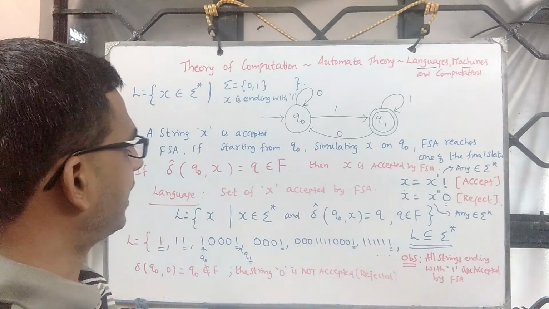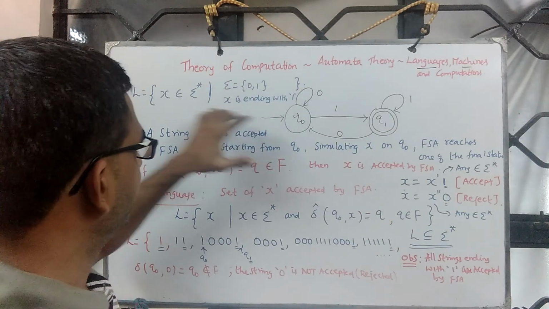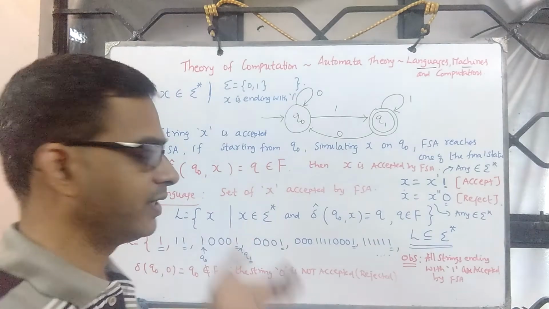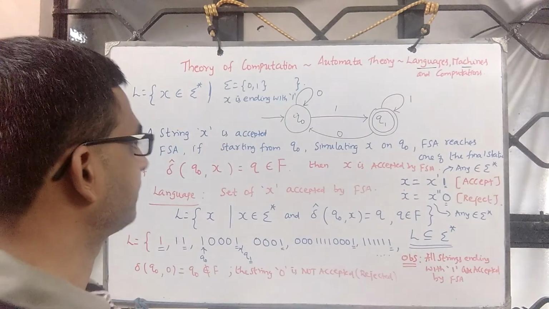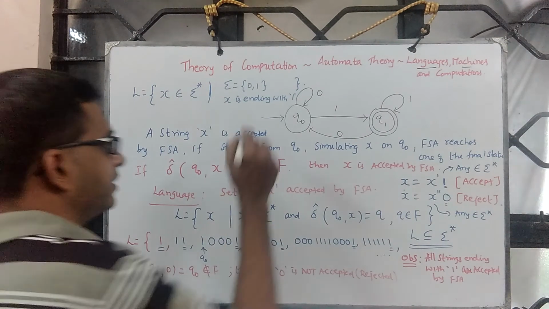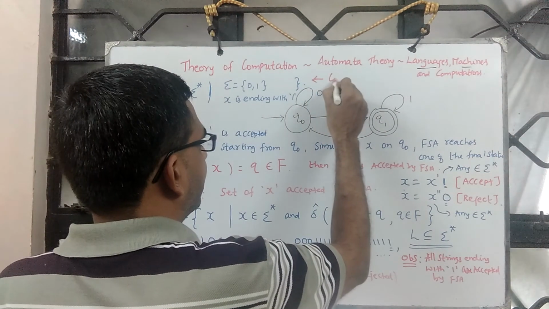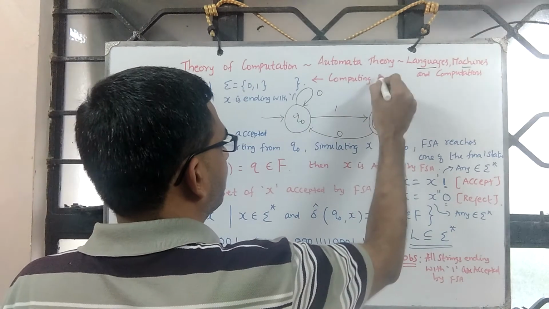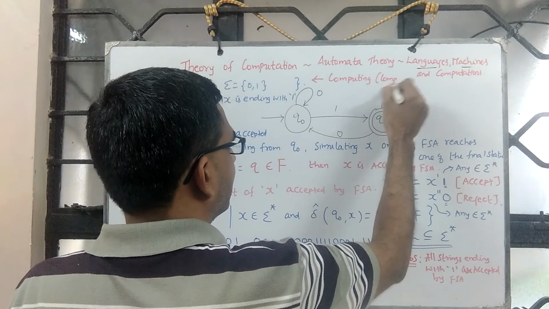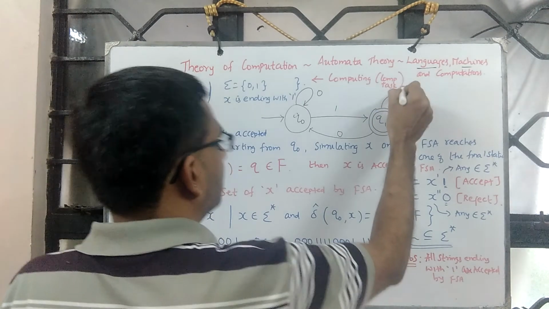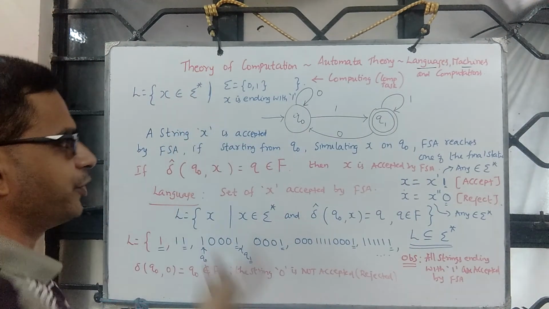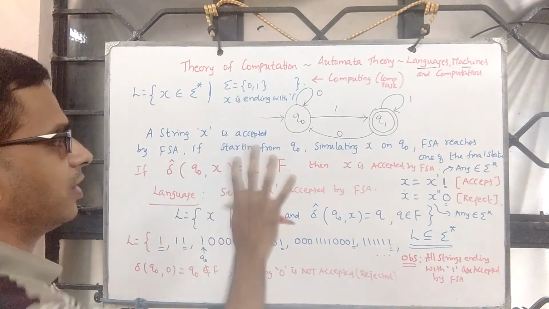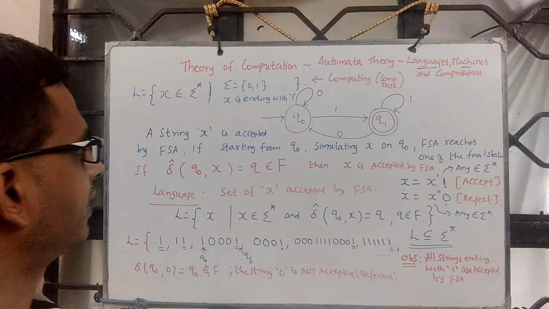So either we will be asked to construct a machine given a language, or we may be given a machine and asked to identify the language accepted by it. Now this is our computing part, or computational task. A problem like this is a computational problem: design a finite state machine following this requirement.